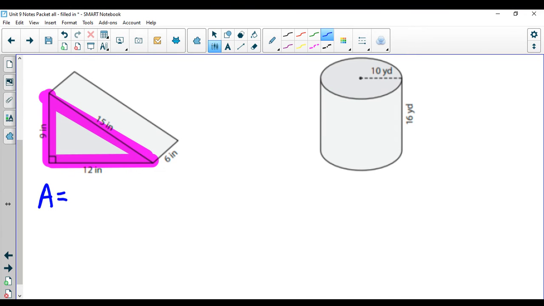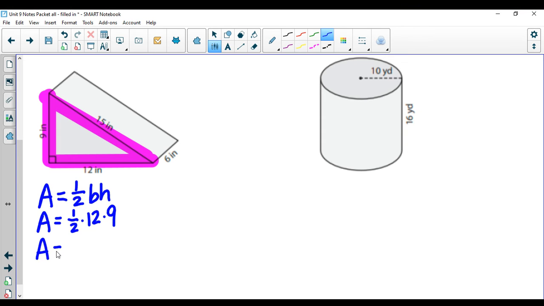For our area, because our base is a triangle, we're going to go back to our two-dimensional formulas, and calculate the area of just that triangle. Using the area formula, area equals 1/2 times base times height, I'm going to plug in my values here. So 1/2, the base is 12, the height is 9.